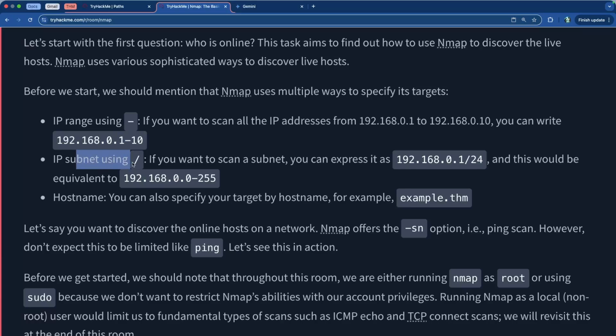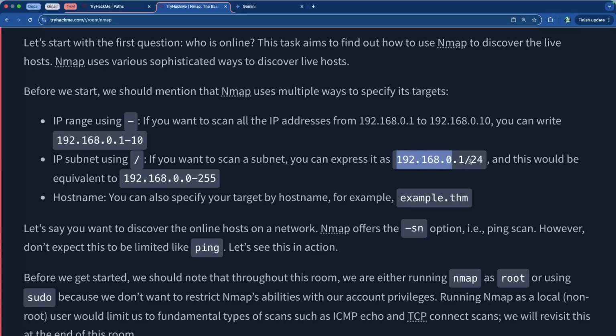You can also use subnet mapping as well. So if you want to scan an entire subnet, you could do this portion right here, and then when you do the /24, you're essentially implying that for this range, each one of these that is between these dots represents an octet. So when you have 3 octets, that would be a range of 24 inside of this subnet.